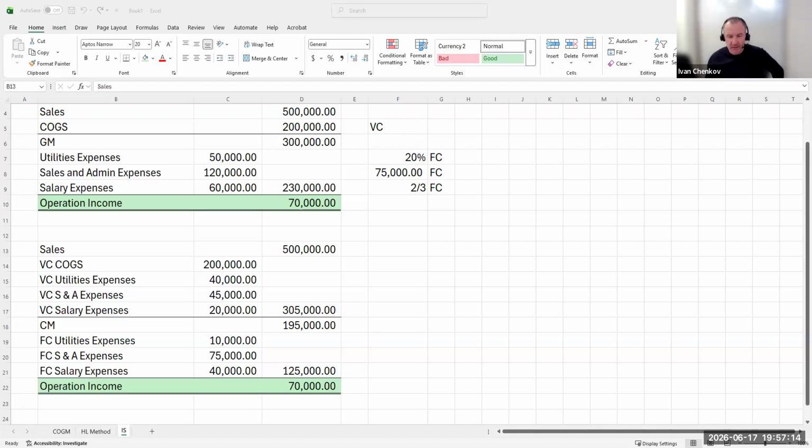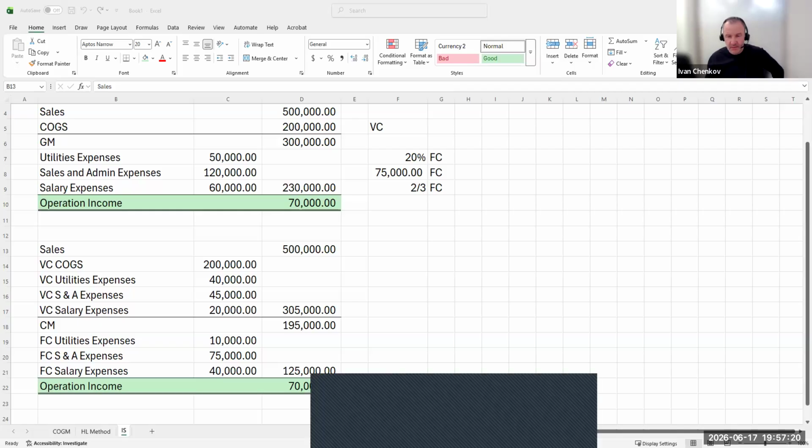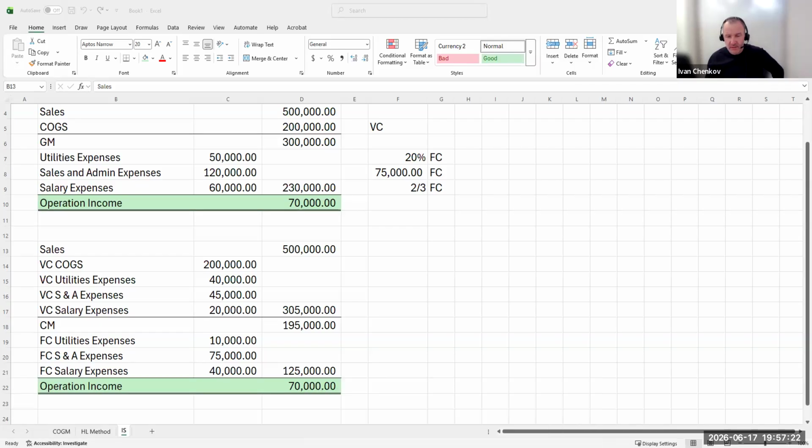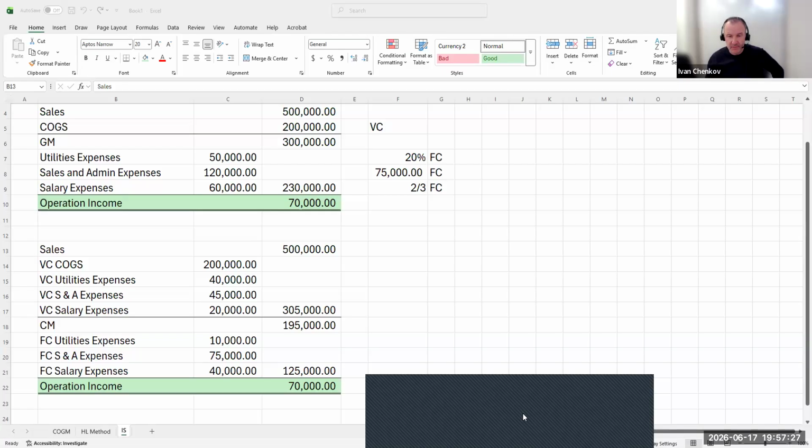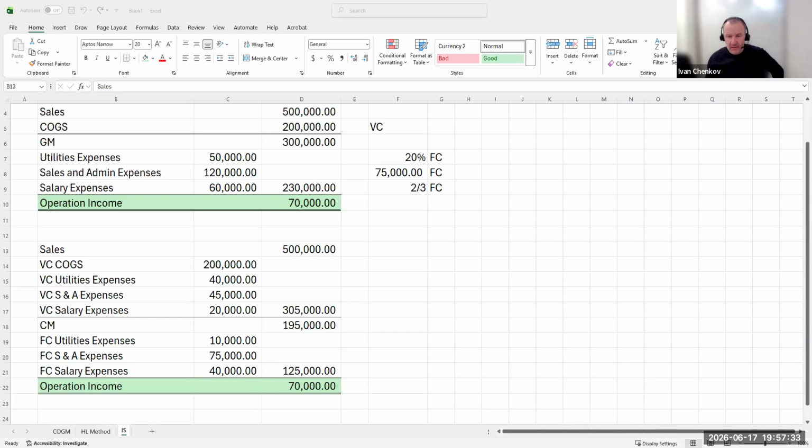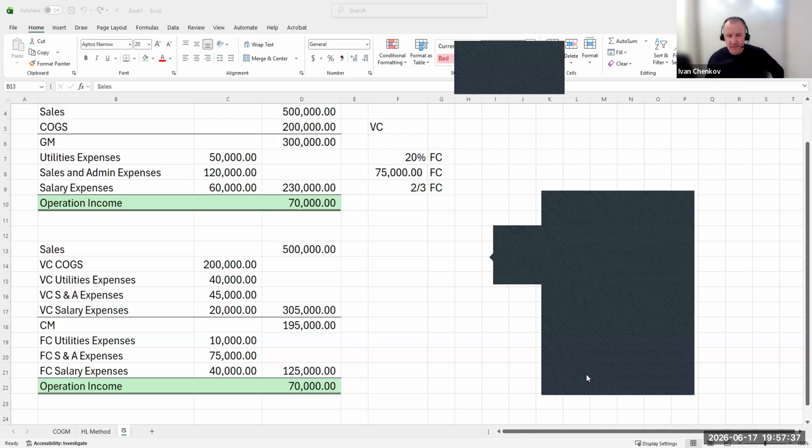The material for the exam that you have posted on Blackboard, there's a lot of options there too. Which question you can look and assess. Any questions will be applicable here for the cost volume profit analysis.